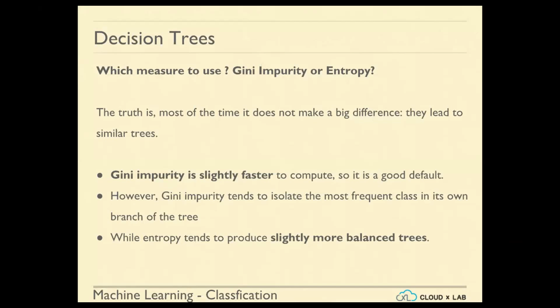The entropy tends to produce slightly more balanced trees. So that's the advantage of using entropy: it gives us slightly more balanced trees, while it has been observed that Gini impurity tends to isolate the most frequent class in its own branch of the tree. All right.